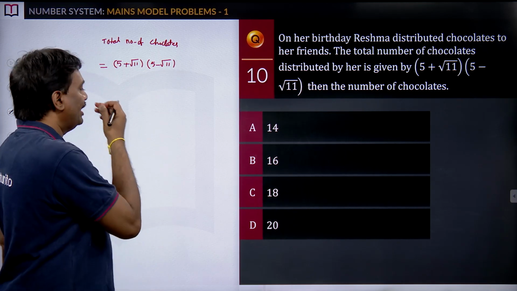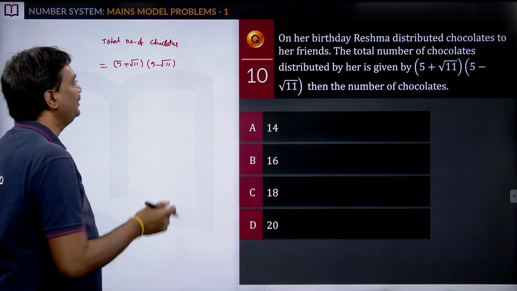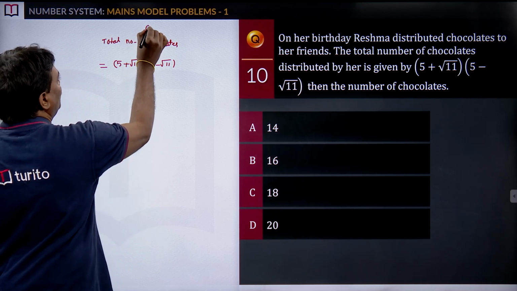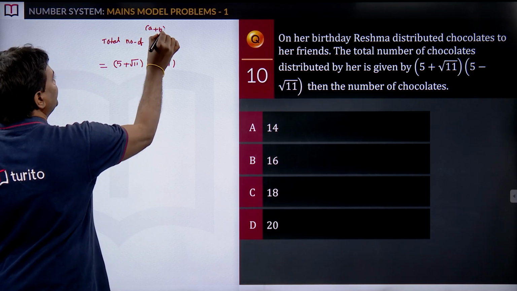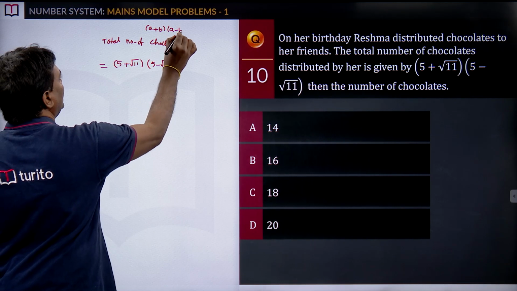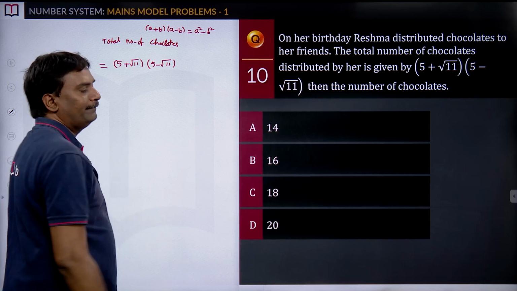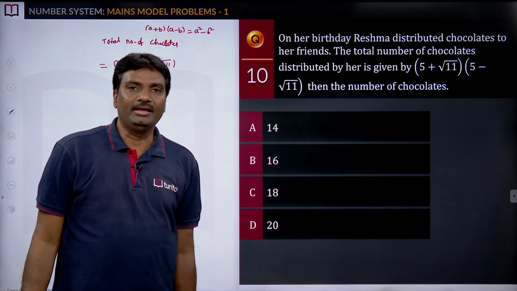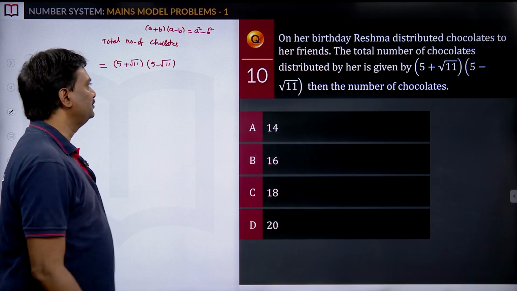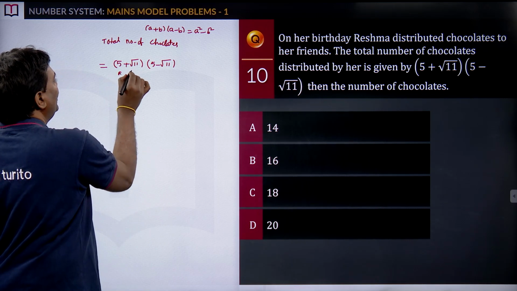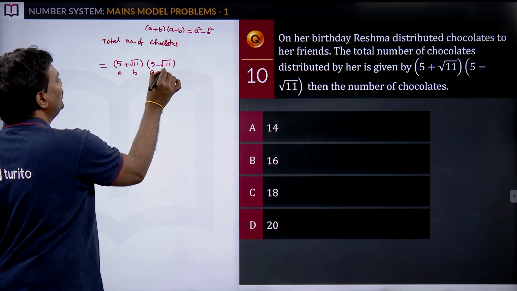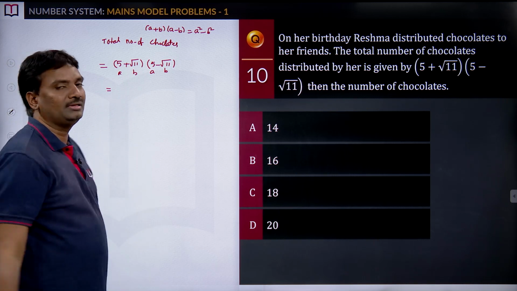By taking 5 as A and root 11 as B, clearly this is in the form of (A plus B) into (A minus B), which equals A square minus B square, where A equals 5 and B equals root 11.